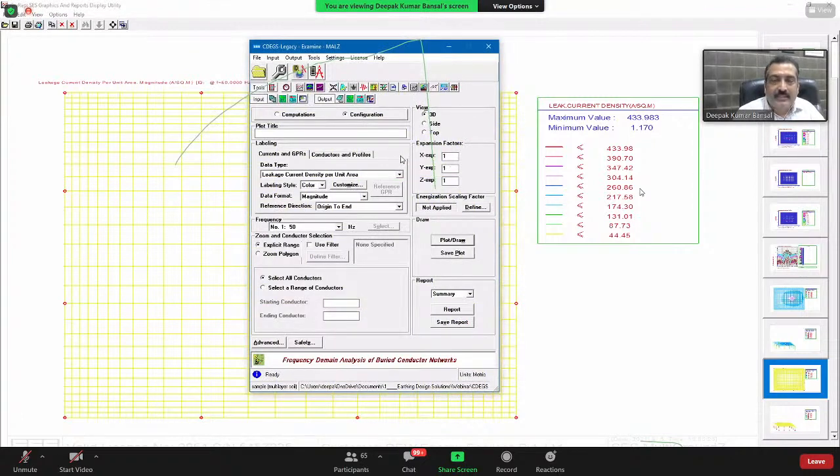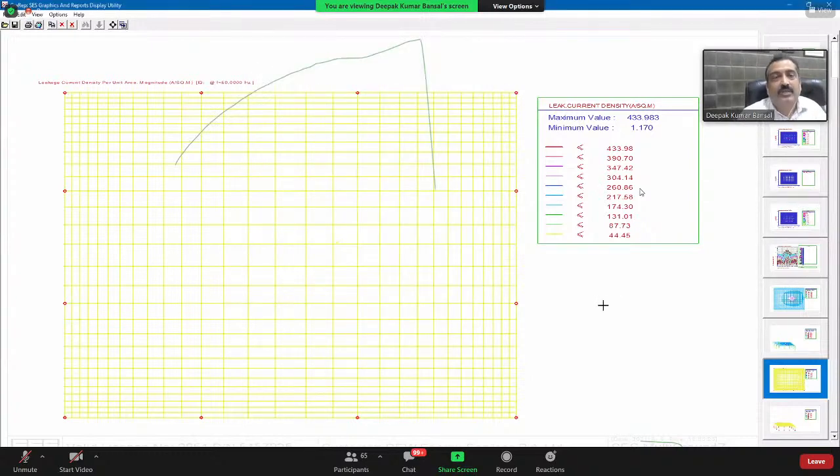So current density basically should be within limit. If current density increases beyond the limit, then the temperature of the conductor will rise tremendously, and it will increase the temperature of the surrounding soil. When the temperature of the surrounding soil increases, its moisture will evaporate, and the soil resistivity which we have calculated will change. It will start increasing.